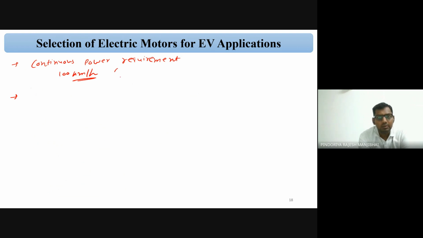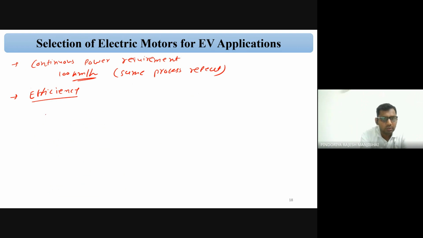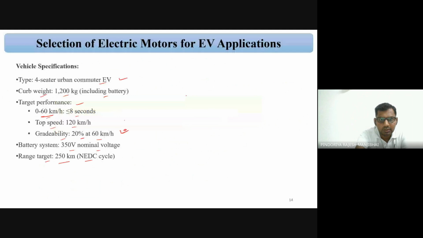Efficiency. We have to calculate the efficiency. Efficiency is what? Motor power required. So how much power? 85 kilowatt, 85 divided by the efficiency. I think the question gives efficiency.